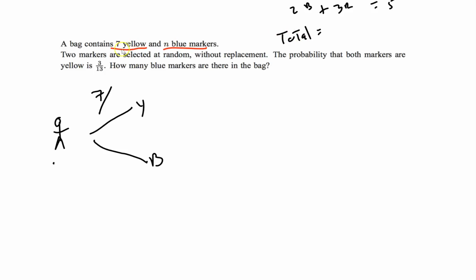So my total here, I have 7 yellow and n blue, so n plus 7. So when I select yellow, it's 7 over n plus 7. My odds of selecting a blue marker are n over n plus 7.